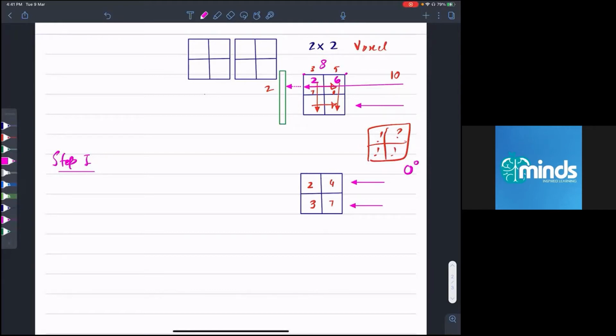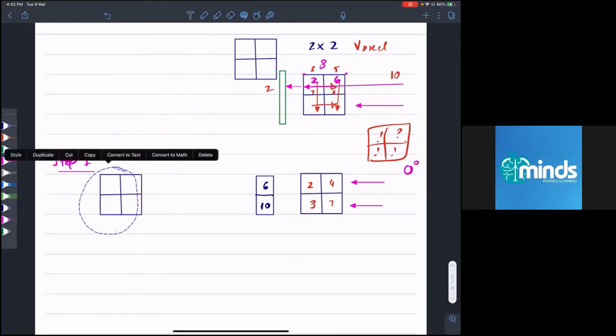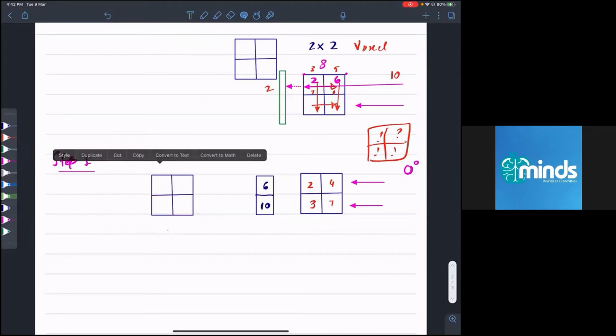The row-wise sums of these will be 6 and 10. Now there is another array which is known as a memory array or memory voxel. So this is memory. Let me write here so that you remember.